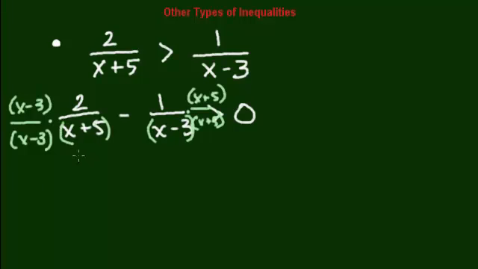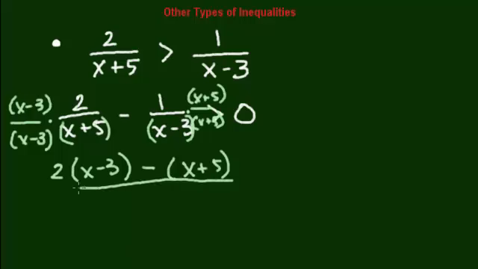Now, lovely thing that I have going on here, 2 times x minus 3 minus 1 times that, so I don't really need to write the 1, just need to write the minus x plus 5 all over the common denominator, which is now x minus 3 times x plus 5.